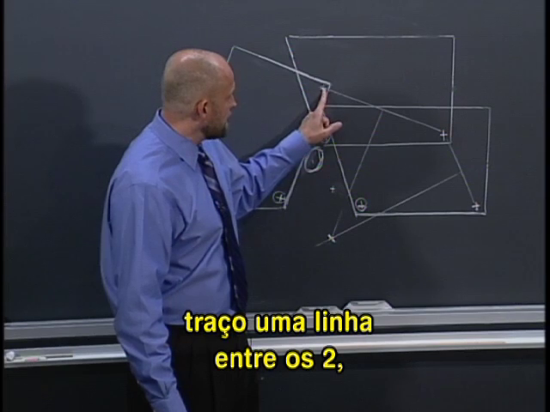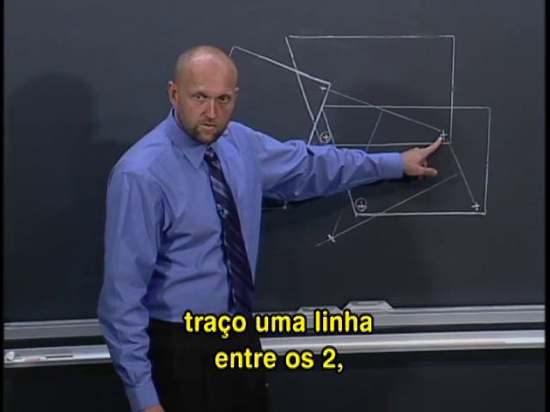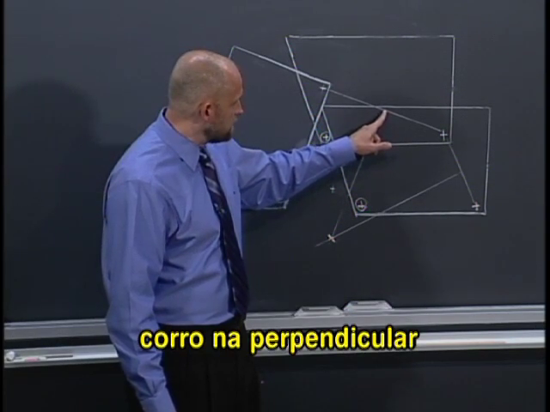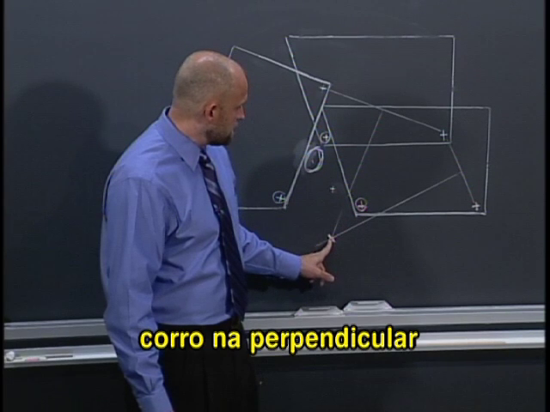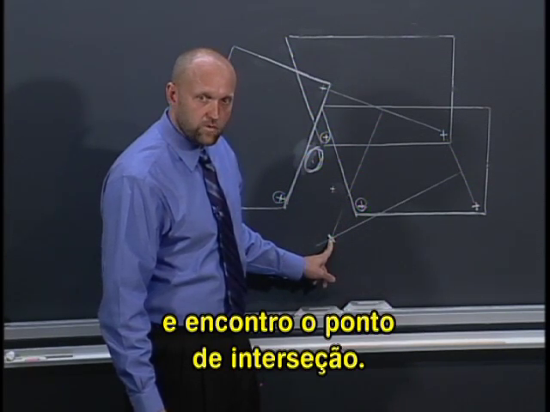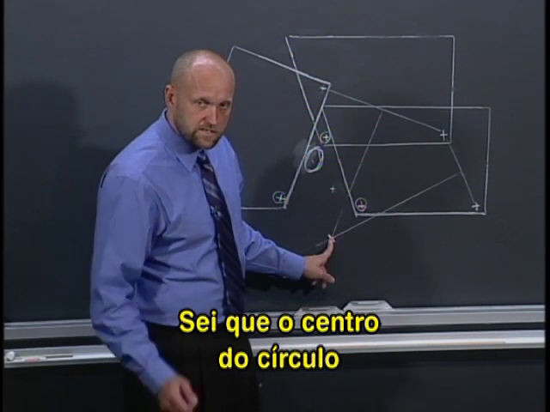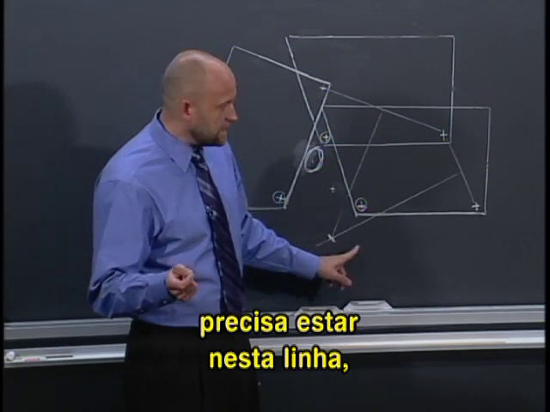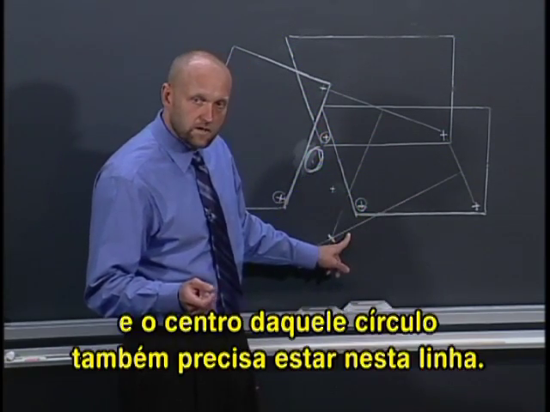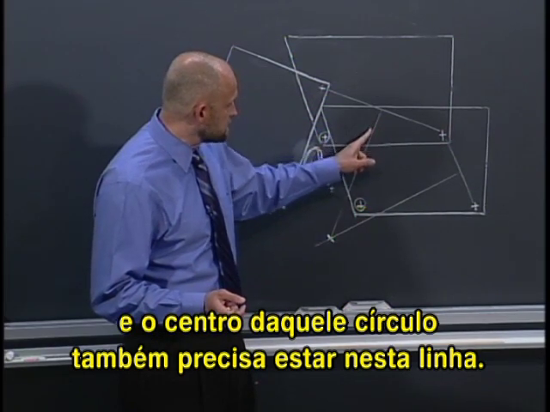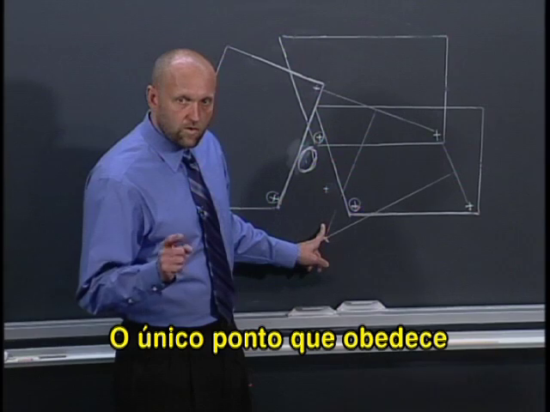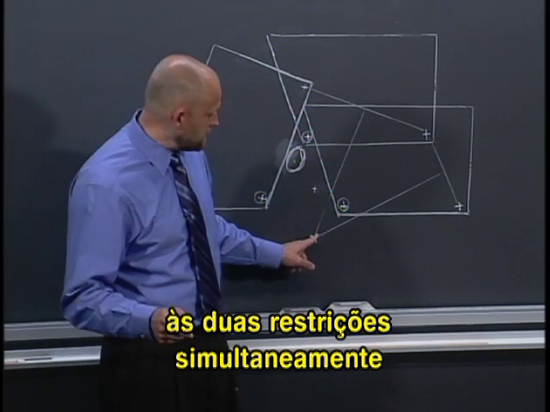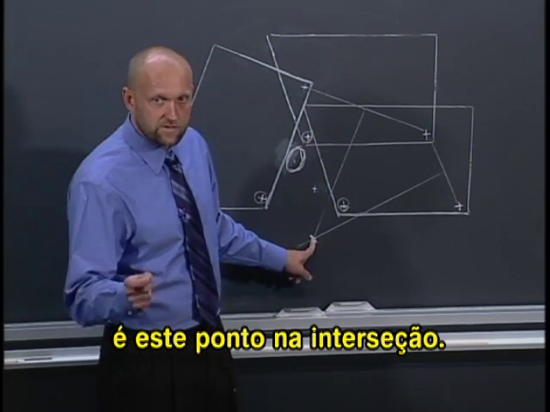I construct a line segment between those 2 and find the midpoint again and run a perpendicular down, and I find the point where they intersect. You see, I know that the center of that circle needs to be on this line, and the center of that circle also needs to be on this line. The only point that obeys those 2 constraints simultaneously is this point at the intersection.